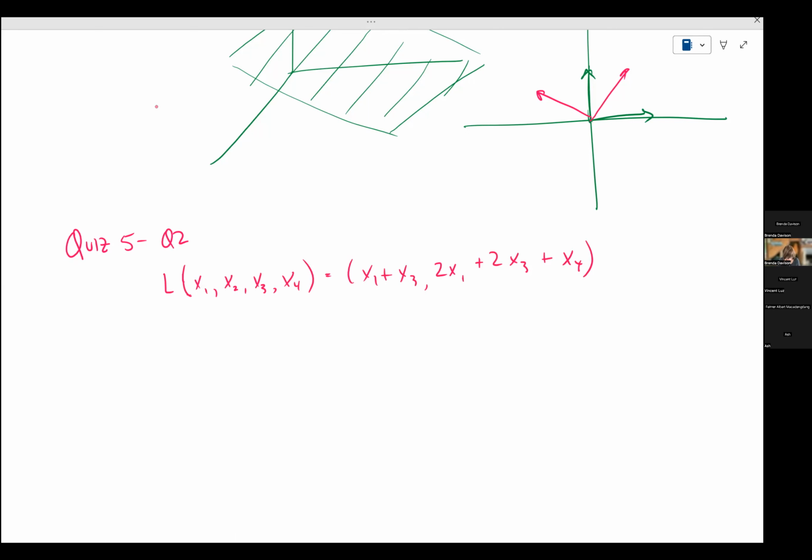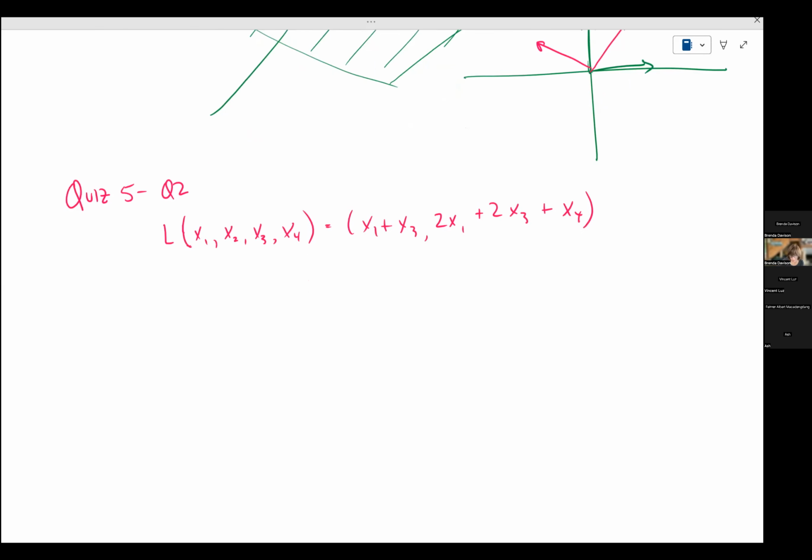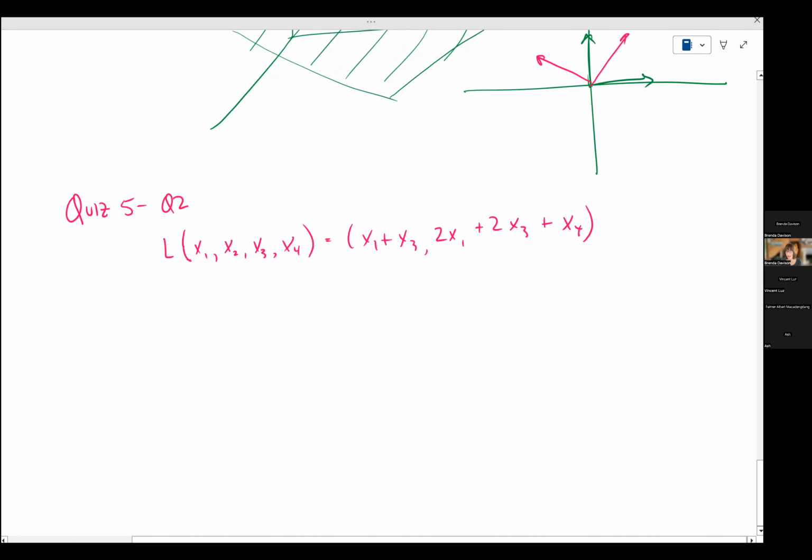Okay. So always with these questions, you want to capture in your head before starting what's happening. I think it's highly useful to say, okay, what is the domain? Looking here, I'm like, oh, it's an R4 vector.